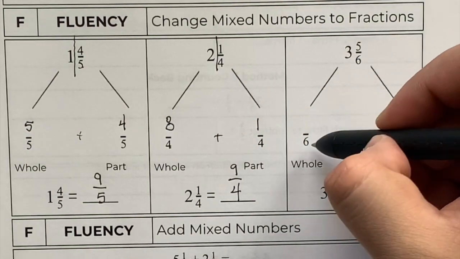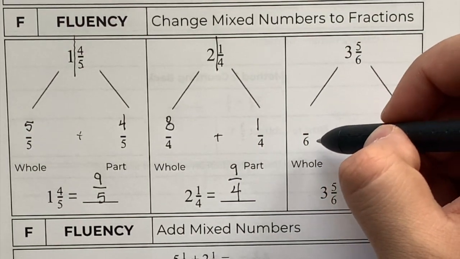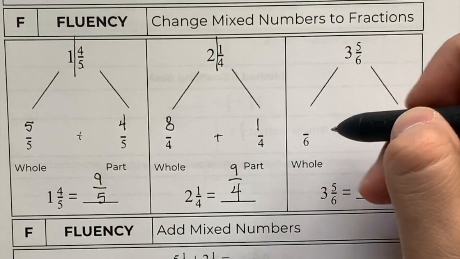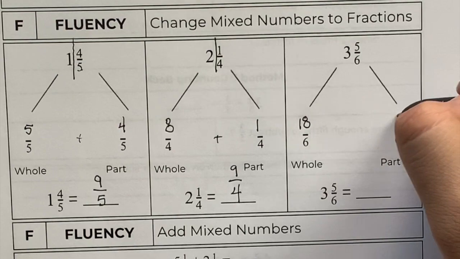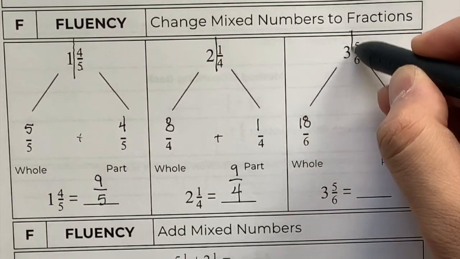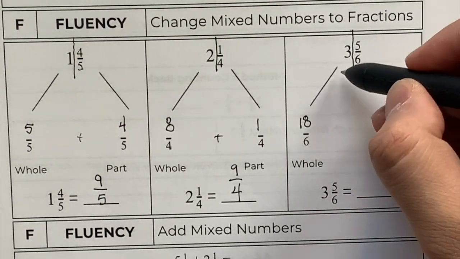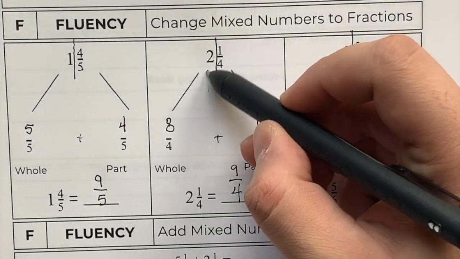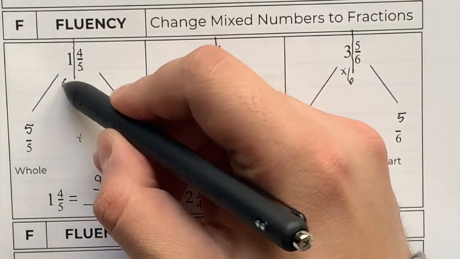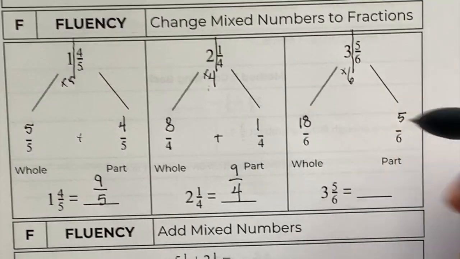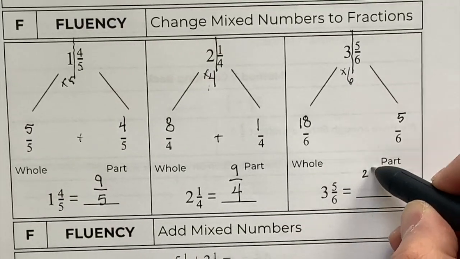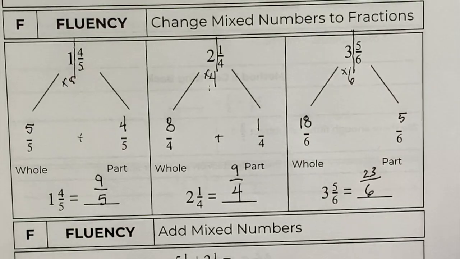For 3, if my denominator is 6, that means I have 6 sixths times 3, or 18 sixths plus the extra 5 sixths. We're just kind of splitting it and taking this times the denominator to get my numerator. So 18 plus 5 is 23 sixths.